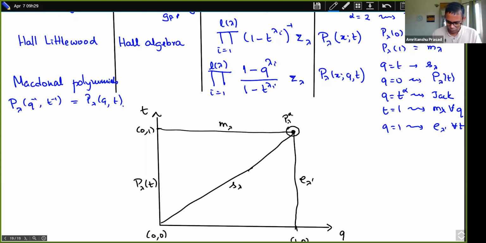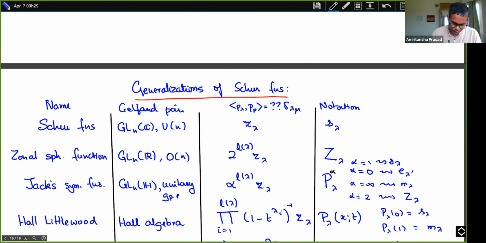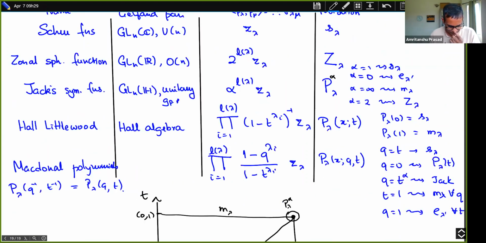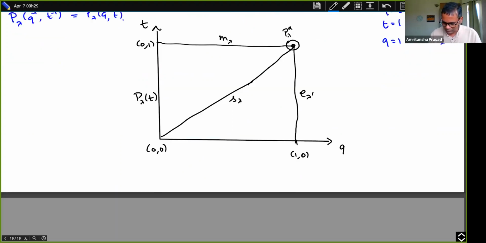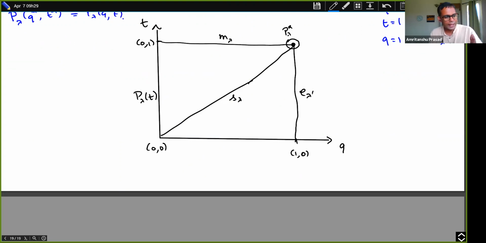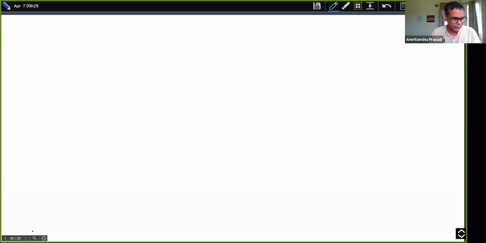Okay, so these Macdonald polynomials actually generalize all these symmetric functions that are seen above. And let me just give you a Cauchy identity for the Macdonald polynomials, which is analogous to the Cauchy identity for Schur functions. So the main thing is to define the product.